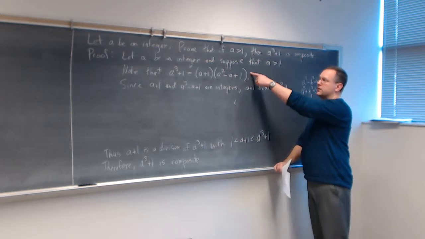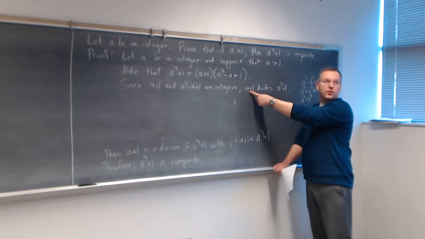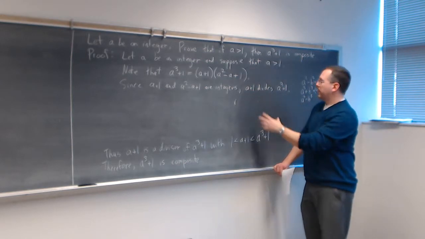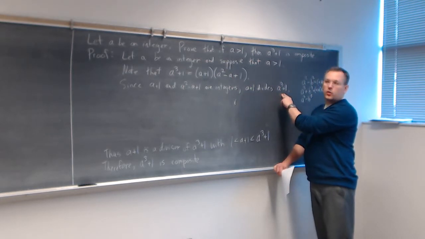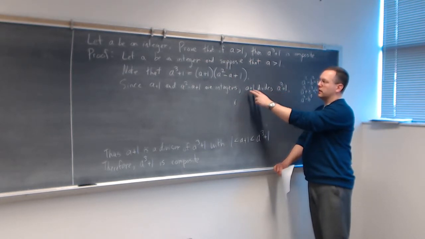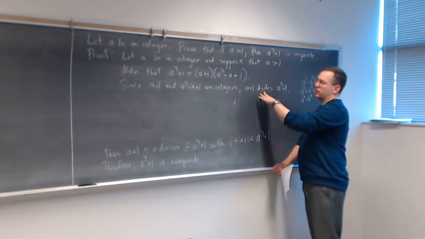Now, wherever you put this statement, maybe this one was after it. Did you guys have this one followed by this one in your proof? Okay. So, what does it mean that a plus 1 divides a cubed plus 1? Well, it means that a cubed plus 1 looks like a plus 1 times an integer. So maybe you could have gone backwards.